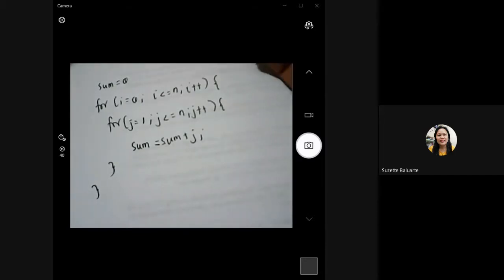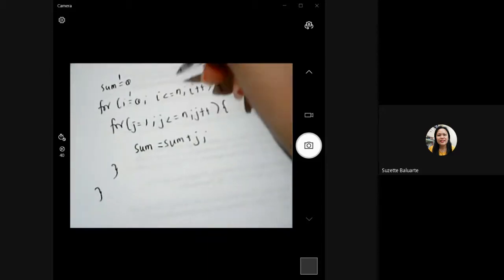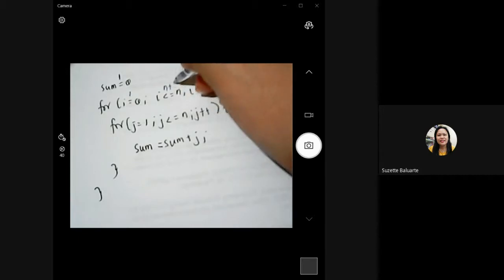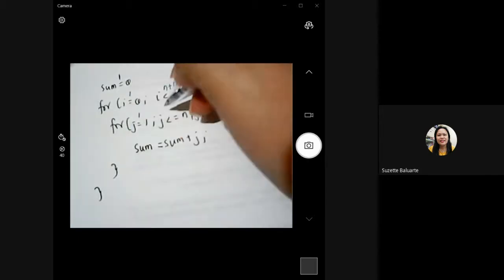I will review this so that you can relate it to your assignment, which we are going to discuss after this particular code. Again, the labeling is important. This is 1, initialization is 1, and then this is n plus 1, then this is n, then this is 1, then this is n plus 1.